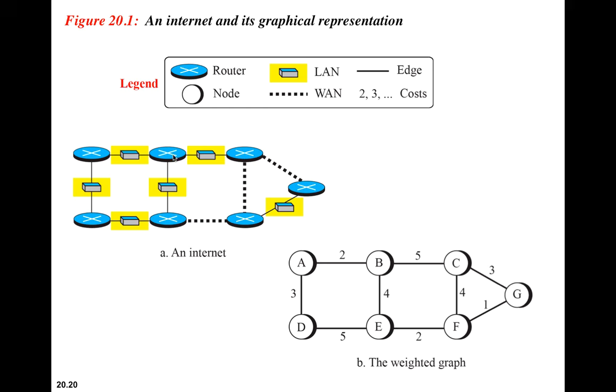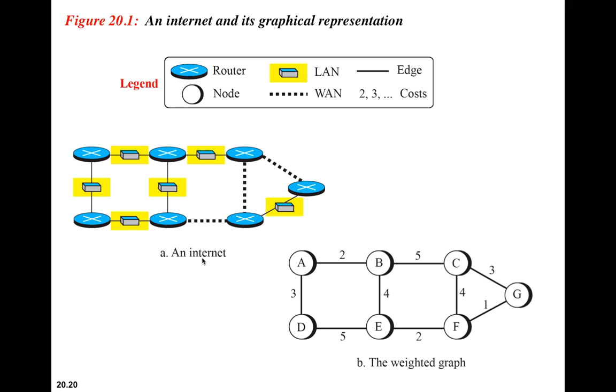So we have these routers connecting LANs, and they themselves are connected using different types of links. We have wired links and we have wireless, or different types of links, and we also have LAN and we also have WAN, wide area networks. Okay?